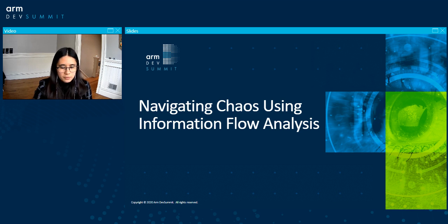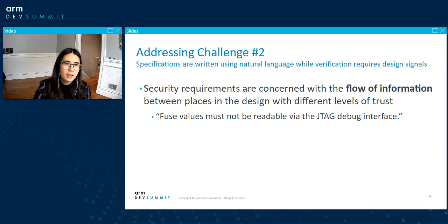So now that you have the security requirements, you need to verify them. And information flow analysis can help you verify security requirements more efficiently and effectively than other existing approaches. Another major challenge is that specifications are written using natural language while verification requires design signals.